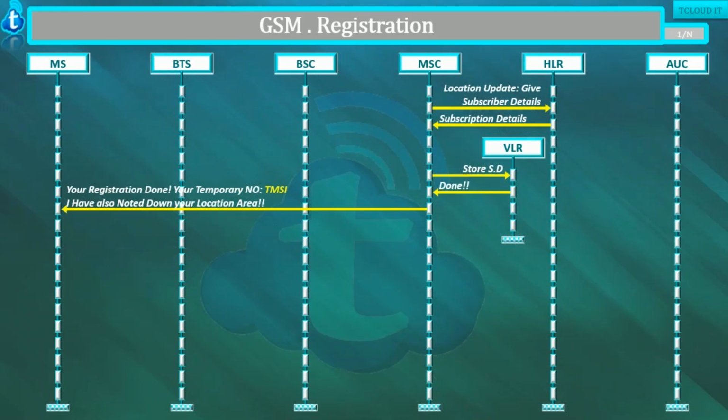That means even though this IMSI number is itself a secret number, we are going to the next level of secrecy. So the MSC is telling the mobile station that you don't even need to use the IMSI number. The next time you can quote your TIMSI number instead of your IMSI. That will be perfectly fine with me.